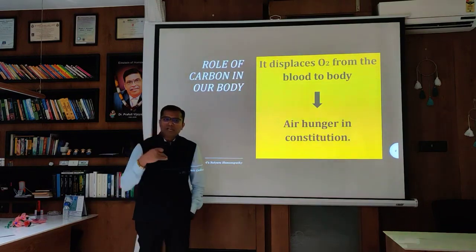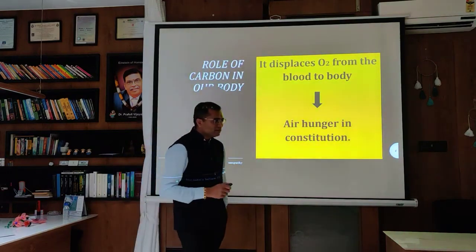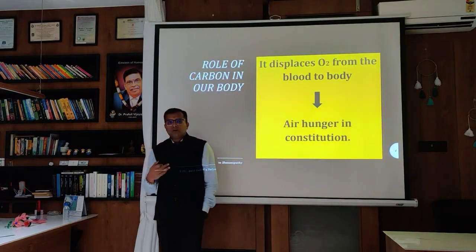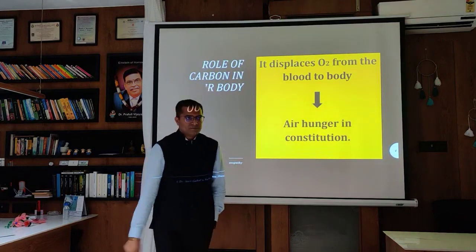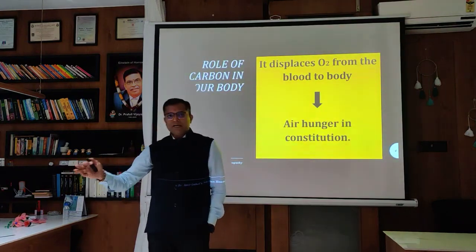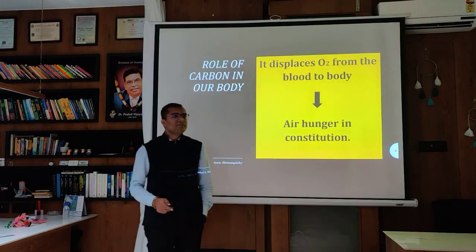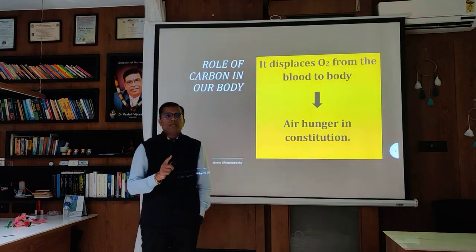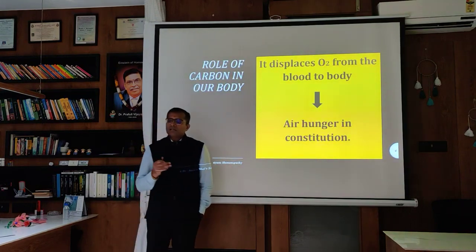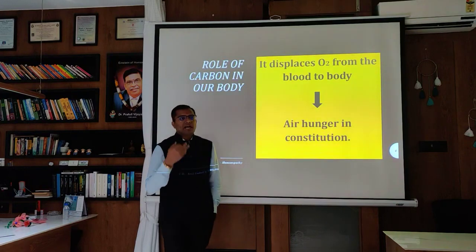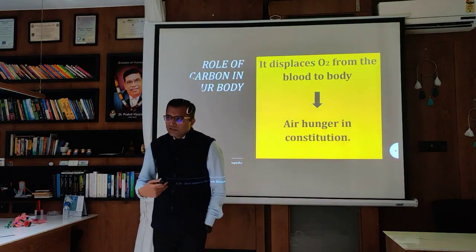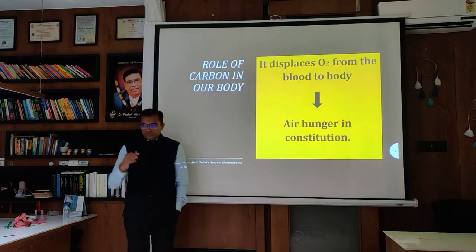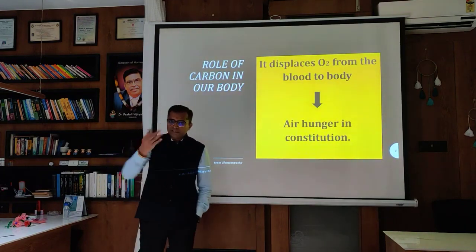When carbon accumulates more in the body, what we see in the emergency department is respiratory acidosis and metabolic alkalosis. Metabolic alkalosis represents that carbonate is accumulated in our body, which leads to the development of respiratory alkalosis; respiratory acidosis is the vice versa.